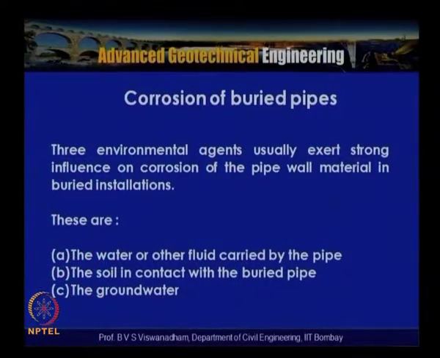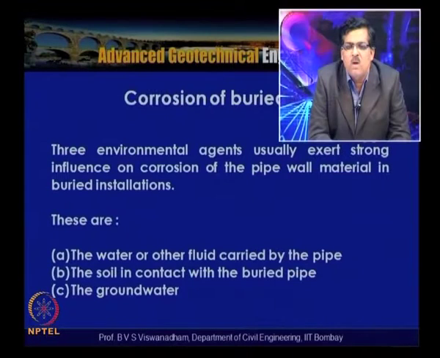After having discussed these issues, another important issue, if you have steel pipes, is corrosion of the buried pipes. Three environmental agents usually exert strong influence on corrosion of the pipe wall material in buried installations: the water or other fluid carried by the pipe, and the soil in contact with the buried pipe.